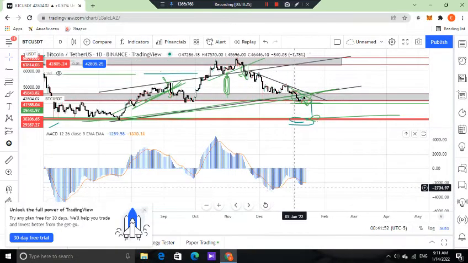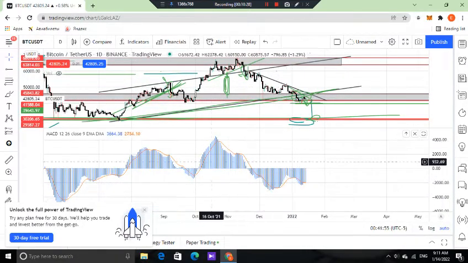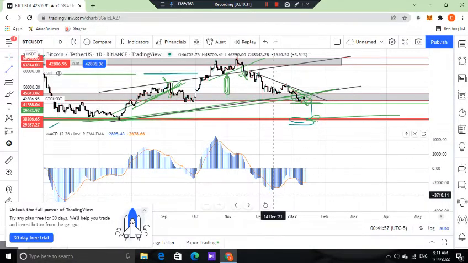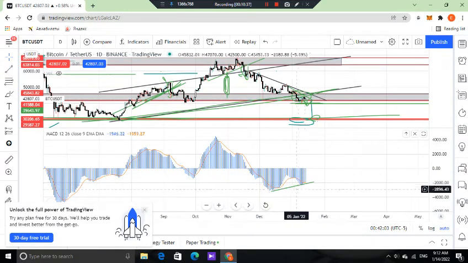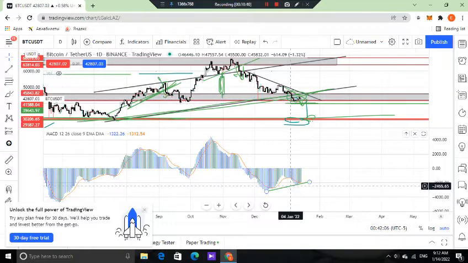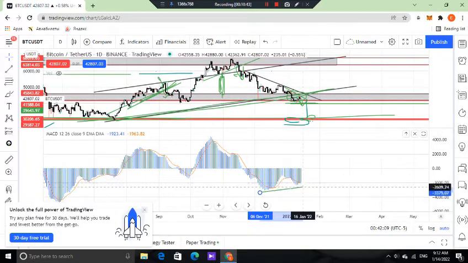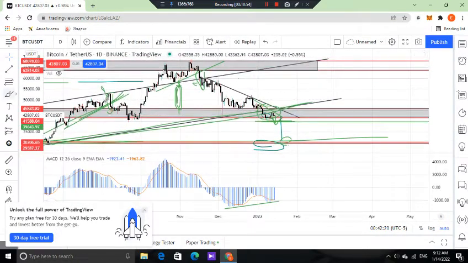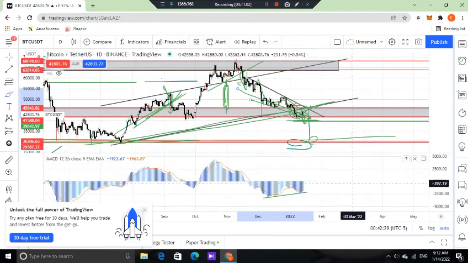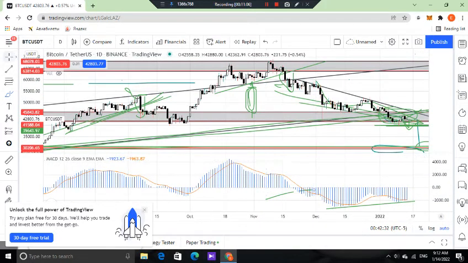You see this divergence in MACD. We have higher lows, but here, as we can see, we obviously have lower bottoms. So we call this divergence.